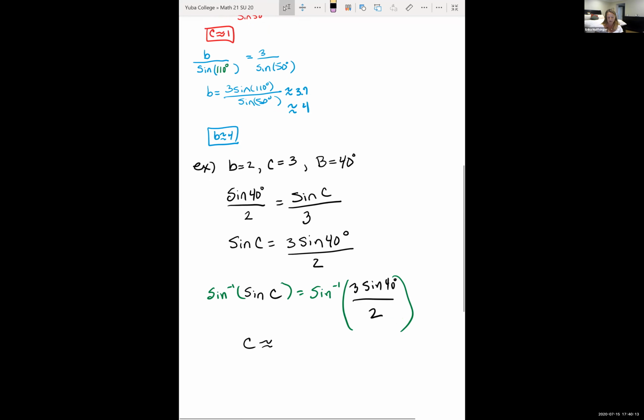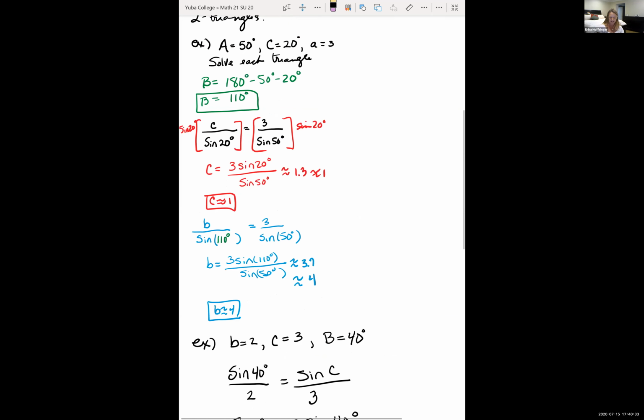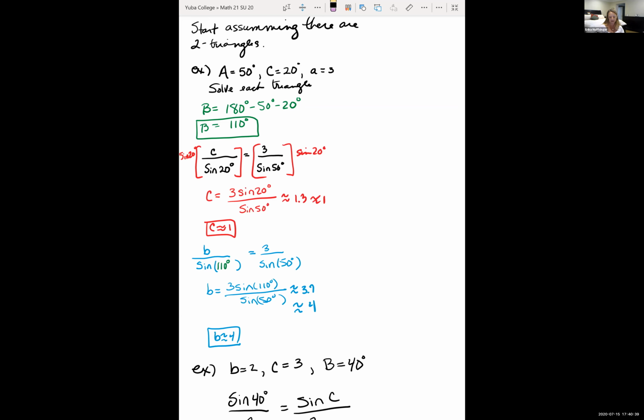And so it's easier if you have the sine in the numerator when you're trying to find the angle. We could have put it in the denominator, but to isolate the C we had to do more math. And when I was using the law of sines before, I was trying to find the side, and so I used it where the side was in the numerator instead. Okay.